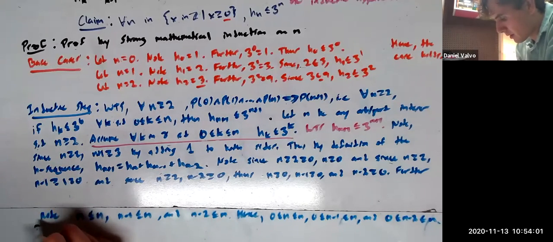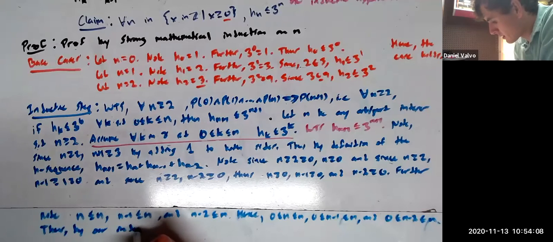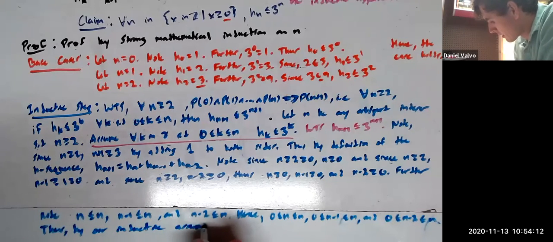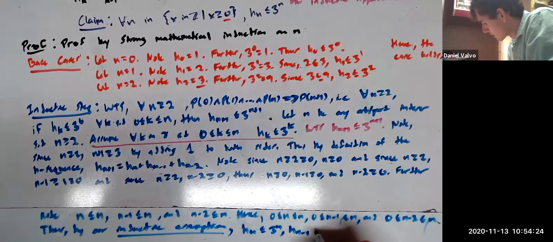Thus, by our inductive assumption, since these are all in the right ranges, h of n is less than or equal to 3 to the n, h of n minus 1 is less than or equal to 3 to the n minus 1, and h of n minus 2 is less than or equal to 3 to the n minus 2.